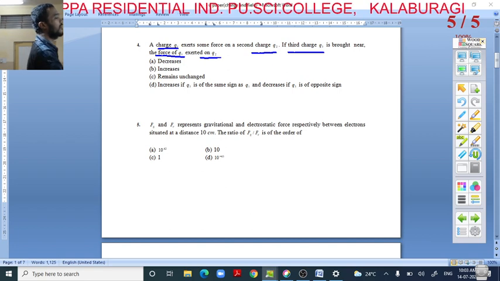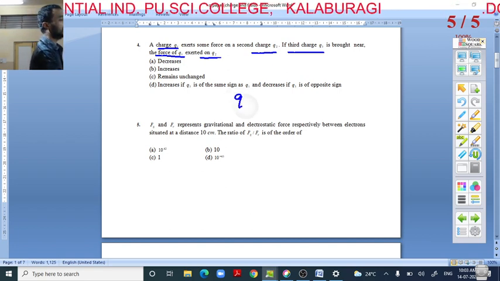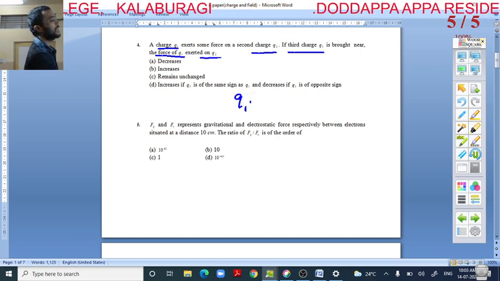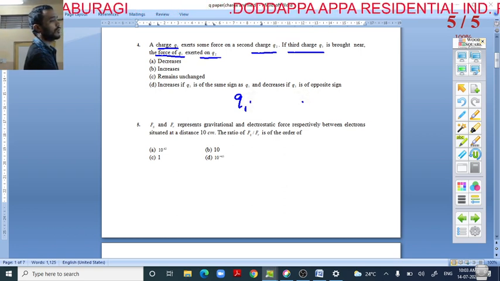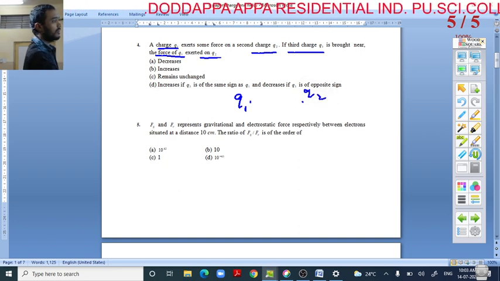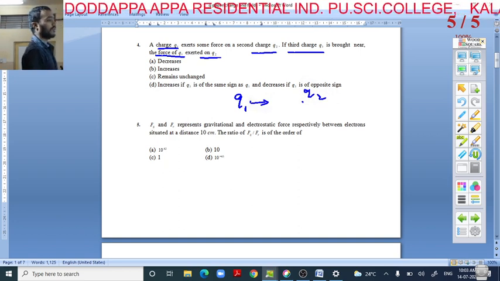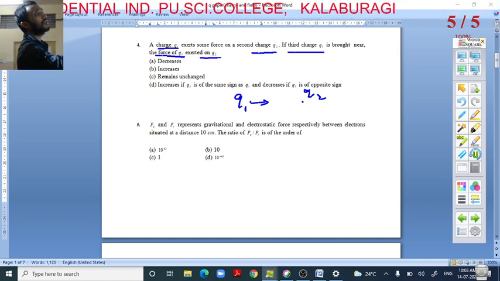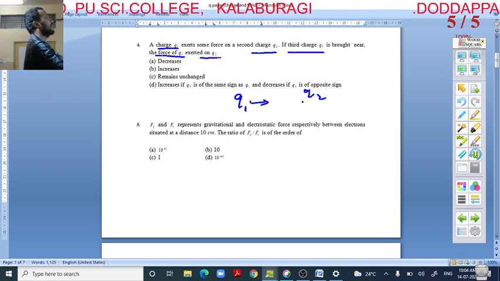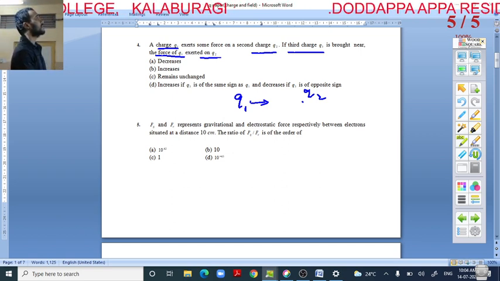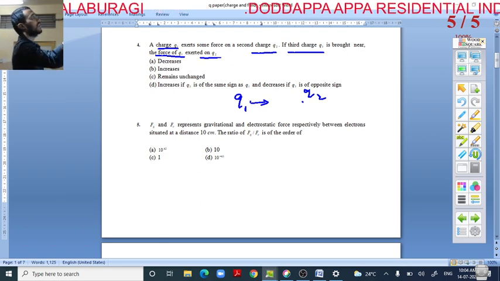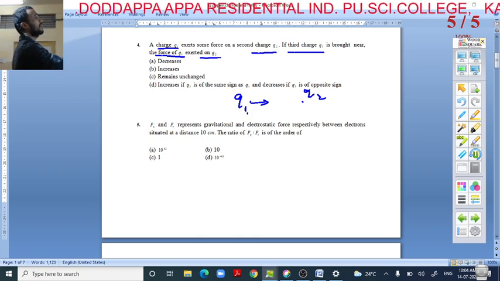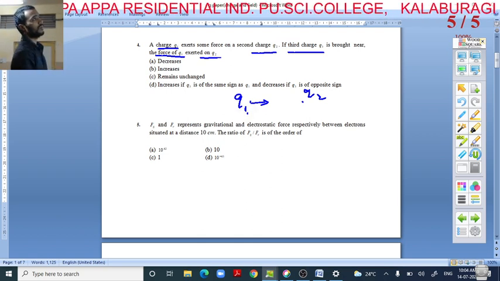For example, to understand roughly, this is Q1. Let us assume this Q1 is exerting the force on Q2. If a third charge Q3 is brought near, the force of Q1 exerted on Q2, right?